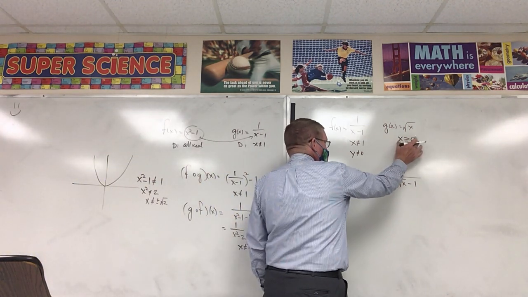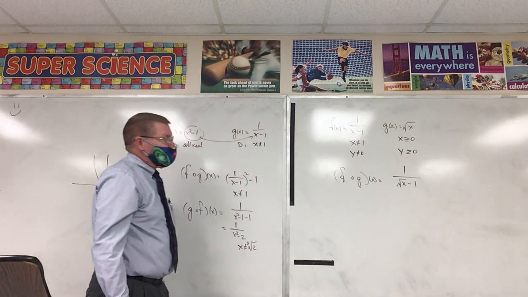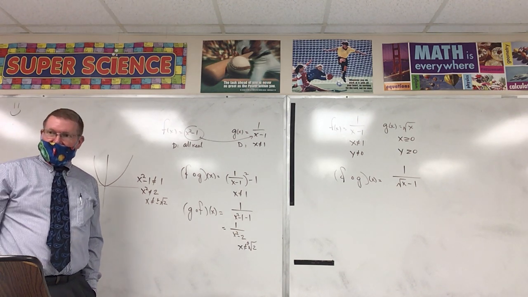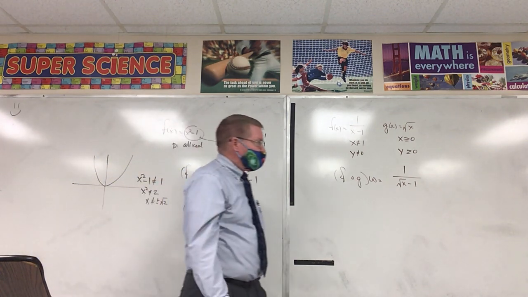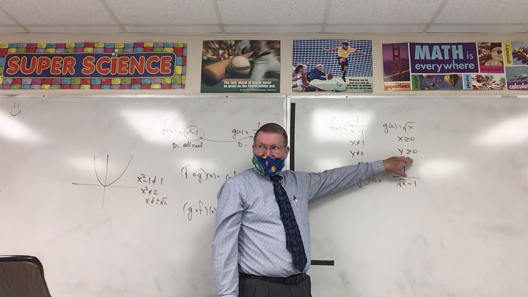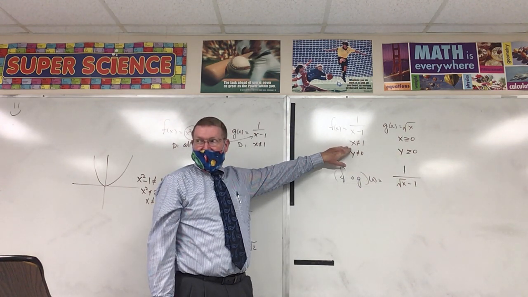What numbers can I use here? Anything over 0. What kind of numbers do I get? Anything over 0, correct? But when I put it in here, I can't use 1.